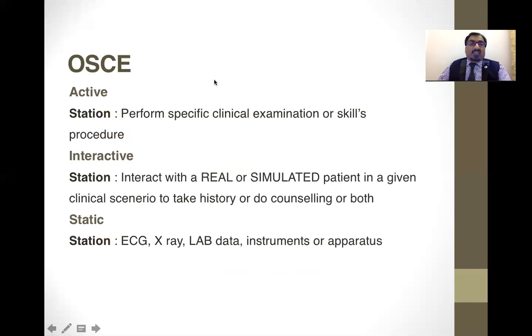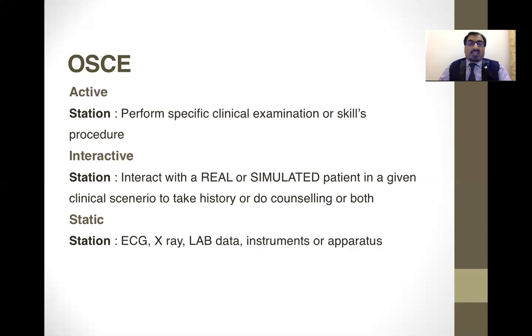OSCE has different types of stations. One of the stations is an active station, in which you perform the clinical examination or skills or procedures. Then there are interactive stations in which we will give you a simulated patient or a standardized patient. There will be a stem or a clinical scenario, and in that, you will be doing some counseling or focused history taking.